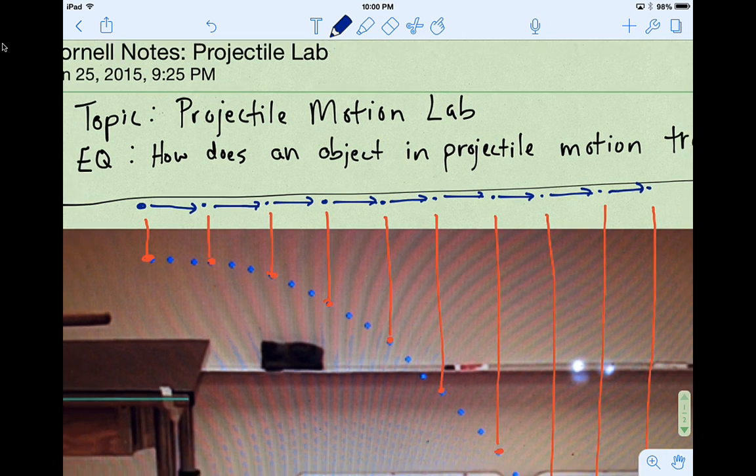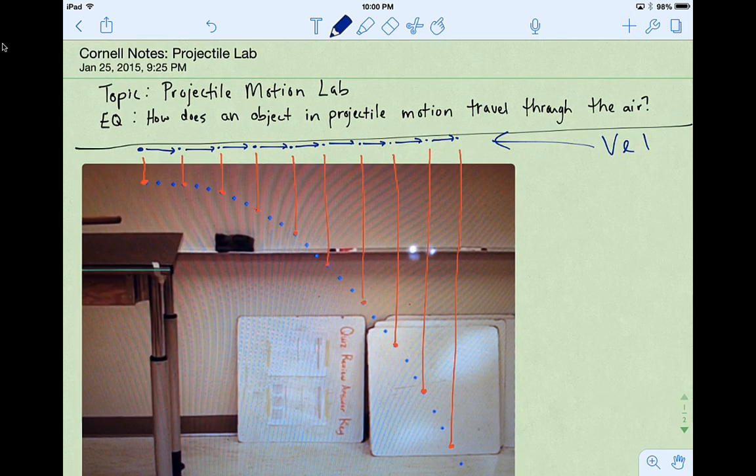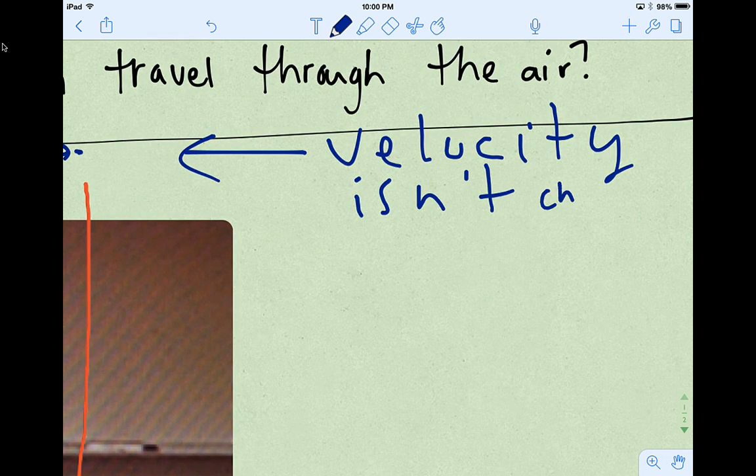My velocity isn't changing. Okay? Let's write that. Velocity isn't changing.